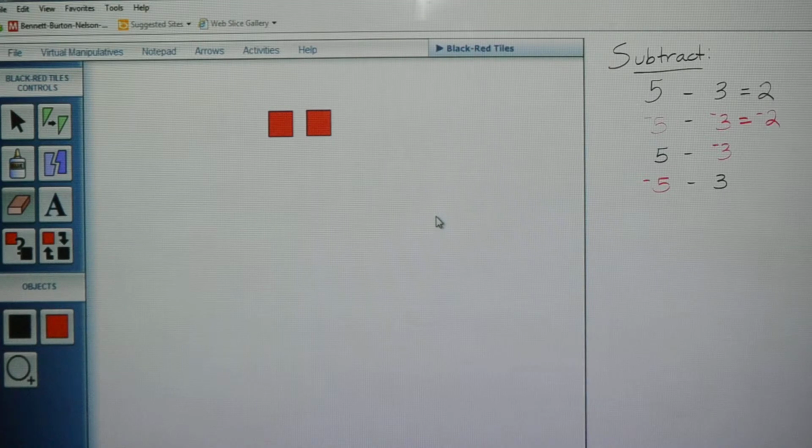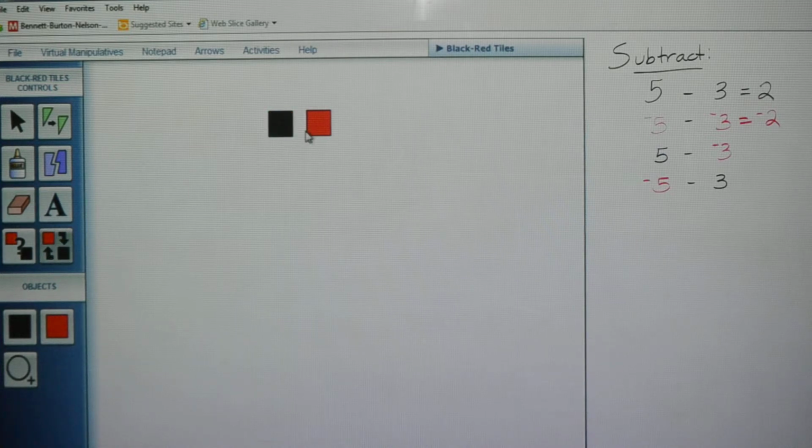Again, as long as the numbers are the same sign, same color, the subtraction is very basic. You put the first number up there and you take away however many of them you need to take away. Now, as with adding, these last two get a little more difficult.